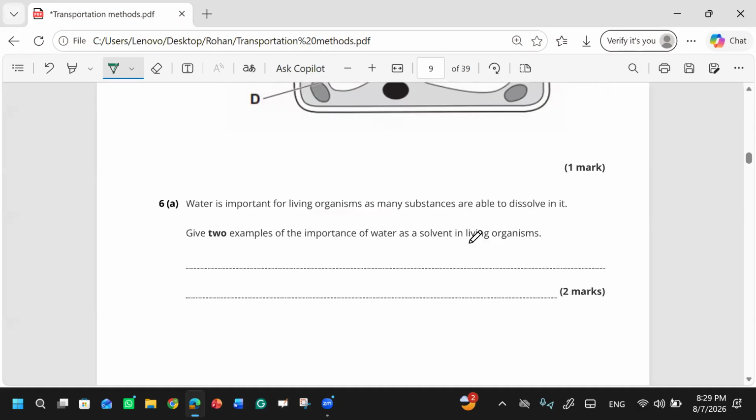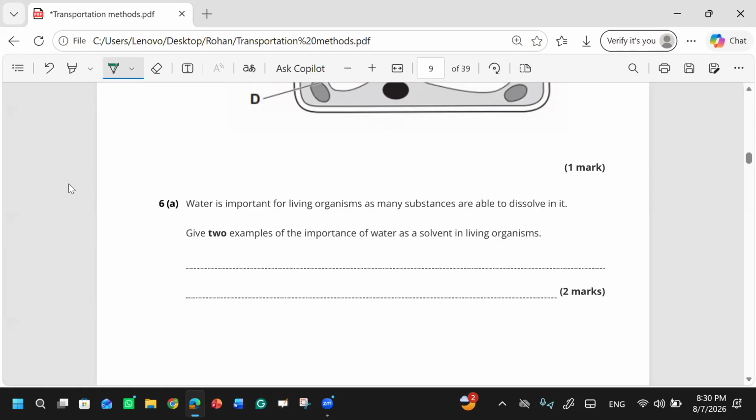Water is important for living organisms as many substances are able to dissolve in it. Give two examples of the importance of water as a solvent. I wrote excretion and metabolism. Metabolism occurs in the presence of water; all the chemical reactions occur.